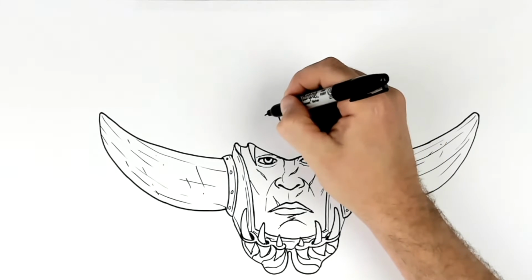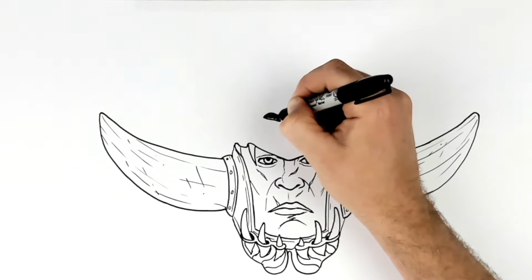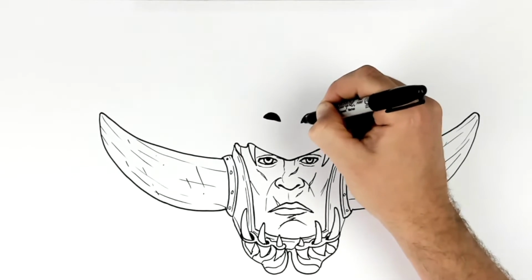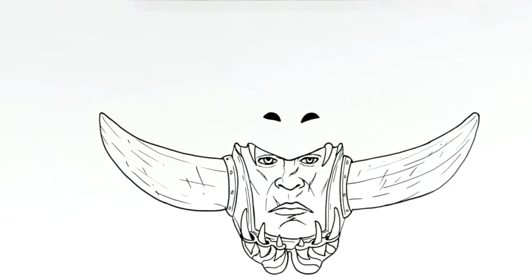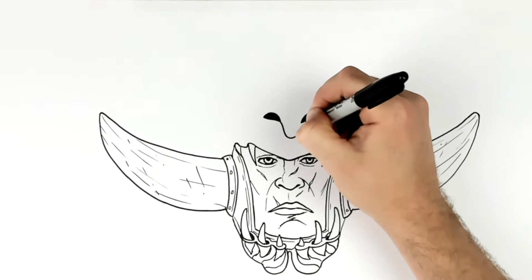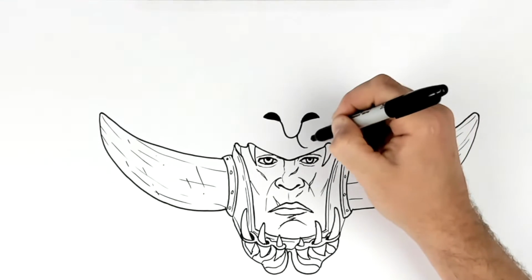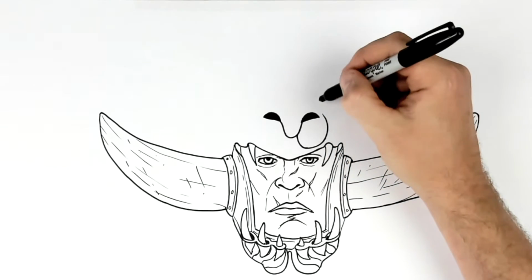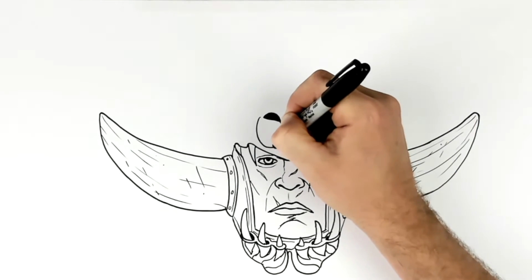We color this black on the inside, so we'll just go like so. Then his nose comes down, around like that. And then his snout will come down around here. Kind of like bumps around to the top. Same on the other side.